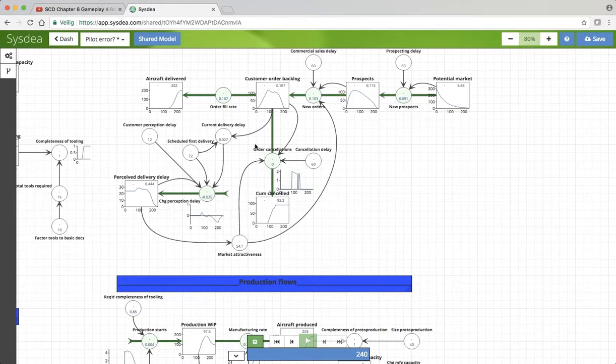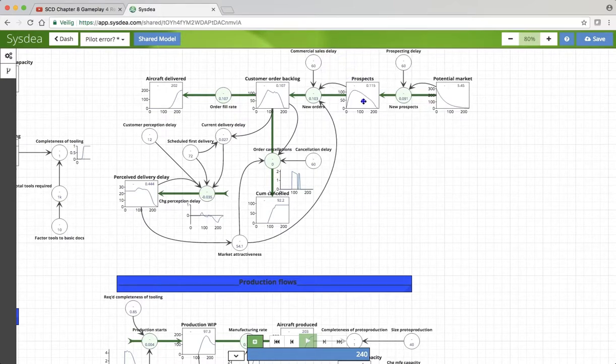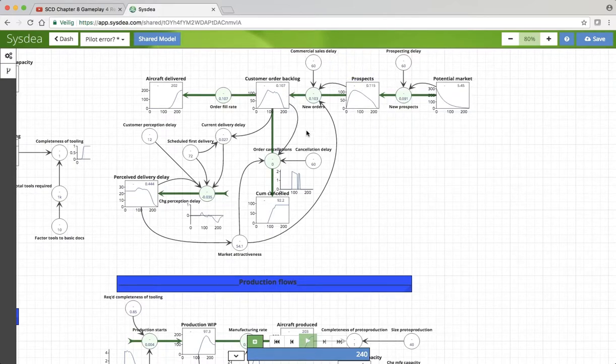And also in the new orders, the attractiveness of the market is an important driver for new prospects. So you see here that after week 72, the number of new prospects also starts to decline. Part of it has to do with the fact that there are fewer prospects. Part of it has to do with the fact that this market attractiveness is becoming lower.